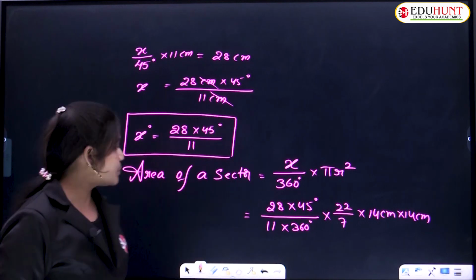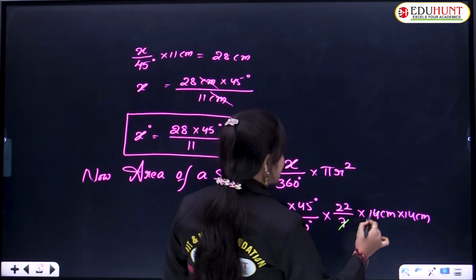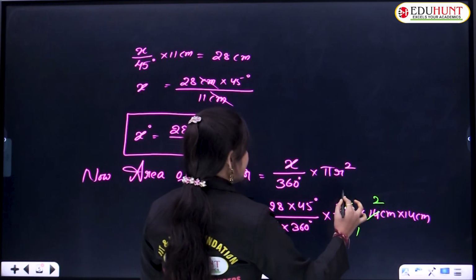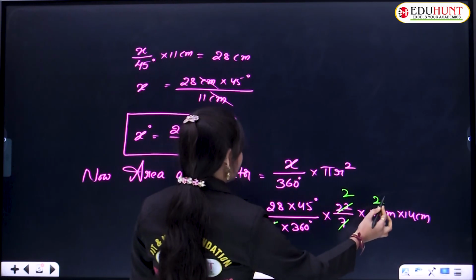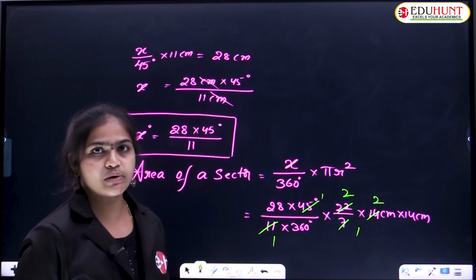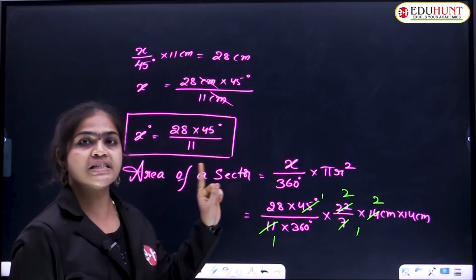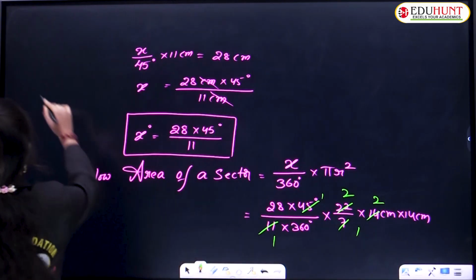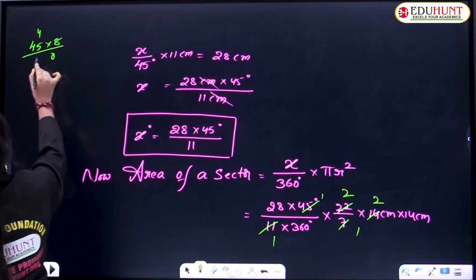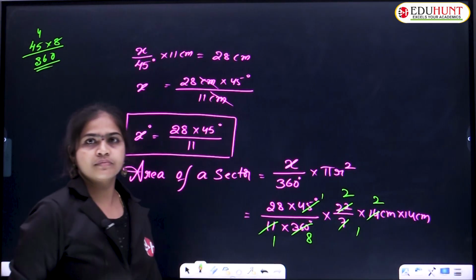Now see whether cancellations are possible here. 7 ones are 7, 7 twos are 14. Next, 11 ones are 11, 11 twos are 22, cancelled. Next, 45 ones are 45, 45 into how much is equal to 360? 45 twos are 90, 90 fours are 360, which means 45 eights are 360. 8 5s are 40, 8 4s are 32 plus 4 is 36, so 360. Clear?